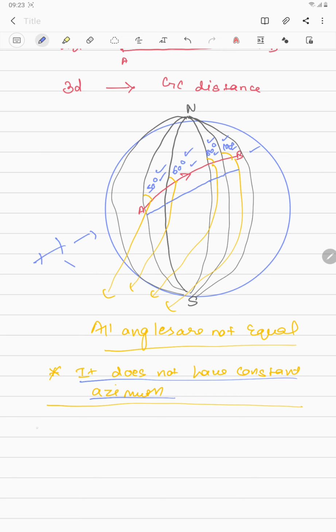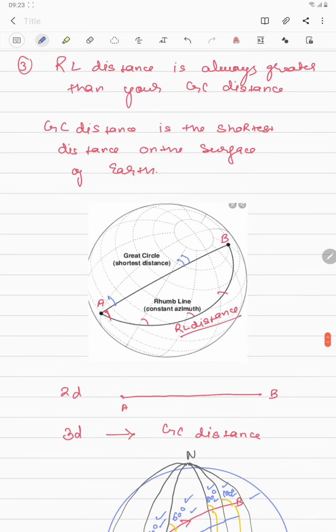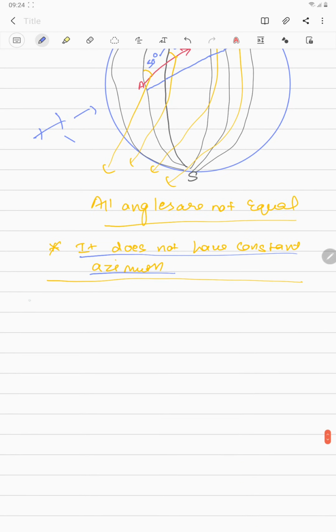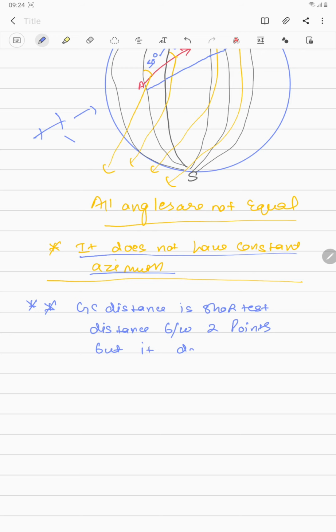Okay, so now I'm going to summarize. This was our third point, guys. Point third, I'm going to summarize: great circle distance is the shortest distance between two points, but it does not have a constant azimuth.